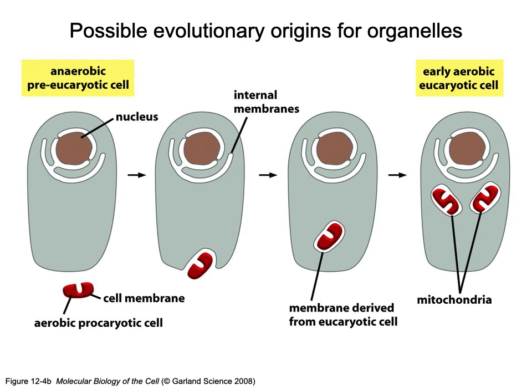Some of the evidence for the endosymbiotic theory is if we look at mitochondrial DNA and compare that to prokaryotic bacterial DNA and look at those genomes, there's a high homology between them. This high homology is not likely to happen unless they derived from each other, so that they have a common ancestor.